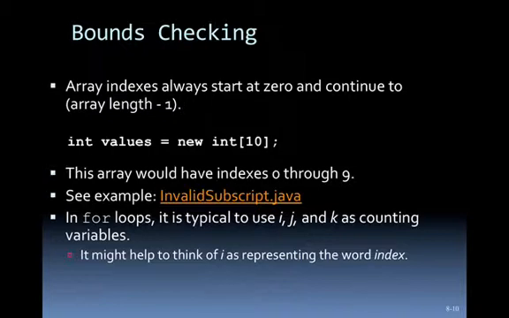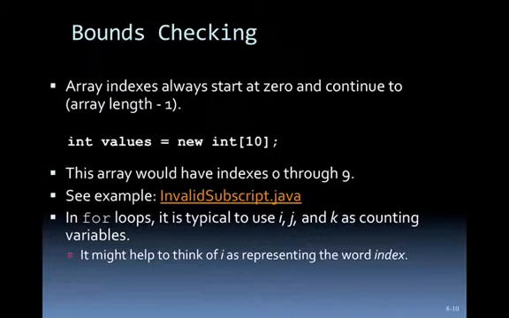And like I said before, we don't have to use literal numbers to access those items. We can use variables as long as they're non-negative integers, and they live within the bounds of the array.